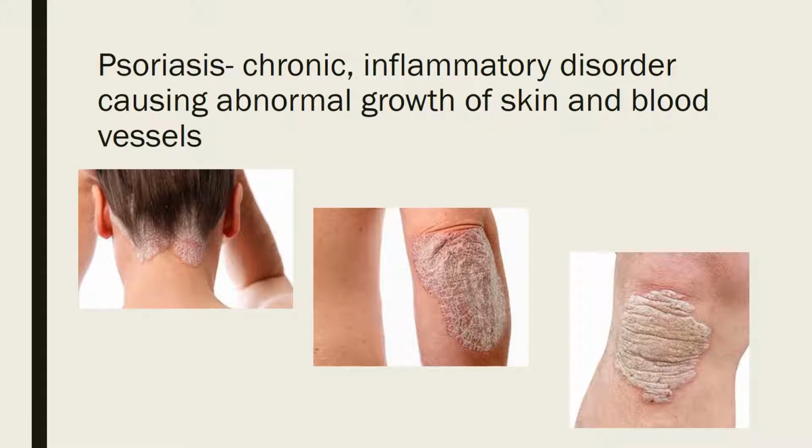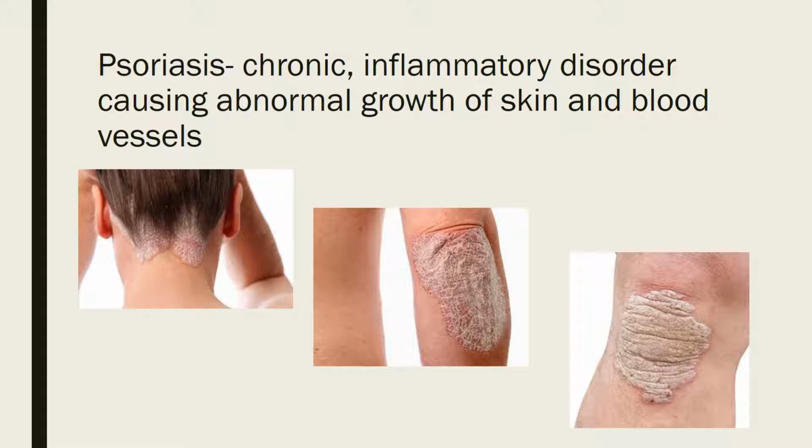Psoriasis is another skin condition. It's a chronic inflammatory disorder caused by abnormal growth of the skin and the vessels, and it is attributed to activated T lymphocytes, which produce cytokines that stimulate abnormal growth of the skin cells and the vessels.